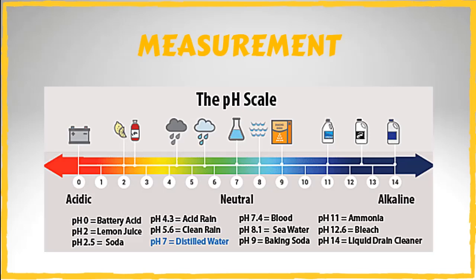Normal rain has a pH of about 5.6. It is slightly acidic because carbon dioxide dissolves into it, forming carbonic acid. However, acid rain usually has a pH between 4.2 and 4.4 due to the increased concentration of sulfuric acid and nitric acid.